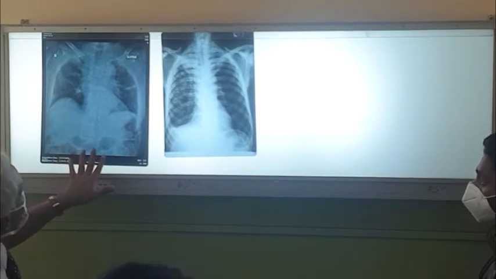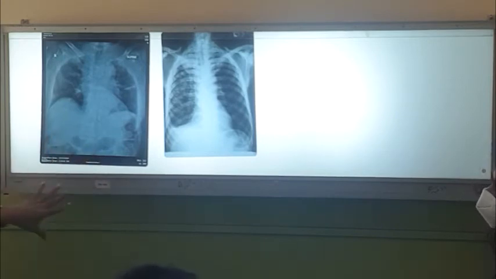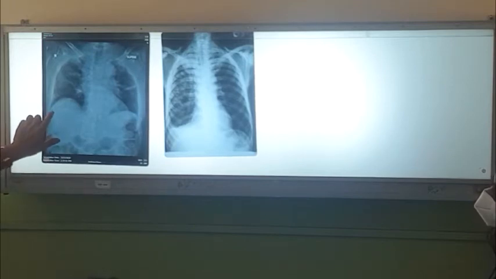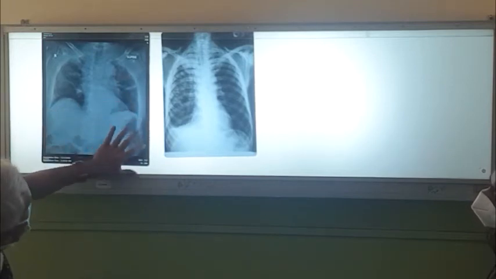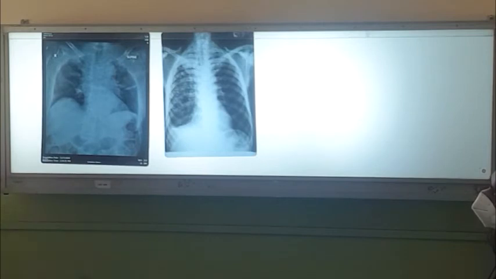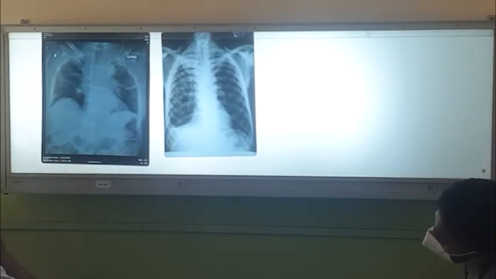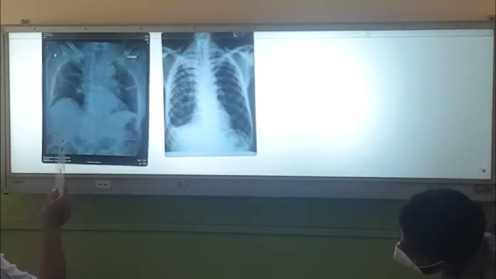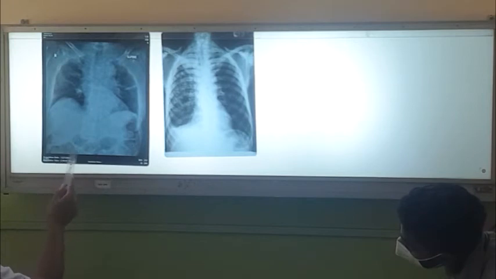And this patient has a diagnosis of multiple myeloma. Okay, a lot of fractures and all. So you can see multiple fractures. This is a diagnosis of multiple myeloma. So multiple myeloma patients can have severe osteoporosis. So this is severe osteoporosis, and even the soft tissues and the bones look similar.